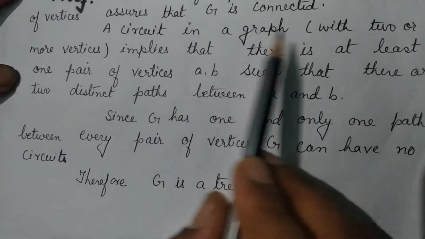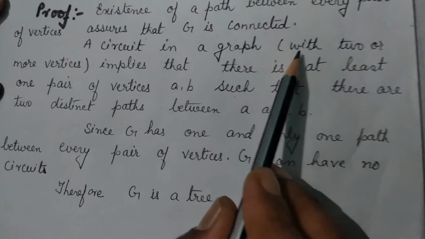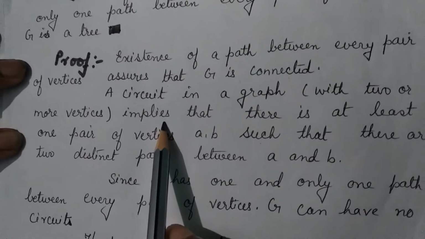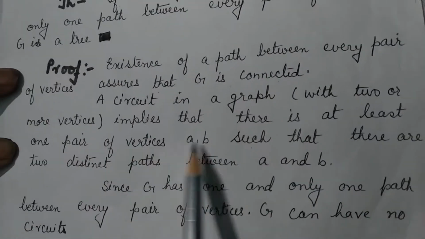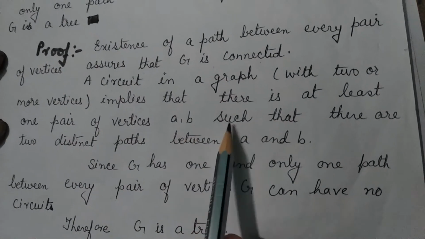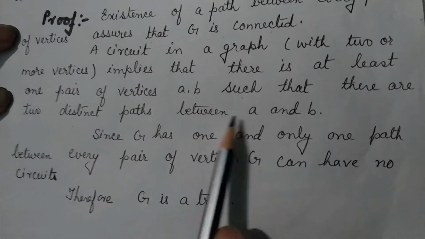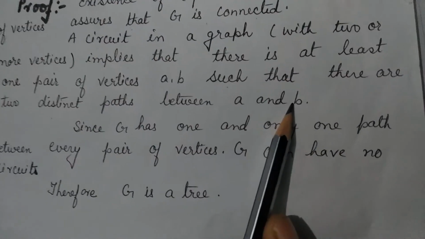A circuit in a graph with two or more vertices implies that there is at least one pair of vertices A, B such that there are two distinct paths between A and B.